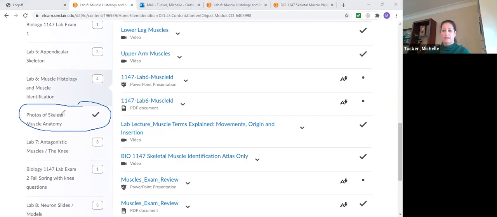There's both a labeled section, those labels come down when you download the PowerPoint, and then there's that unlabeled section as well that you can use to quiz yourself. Okay.